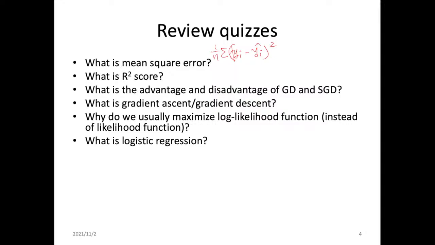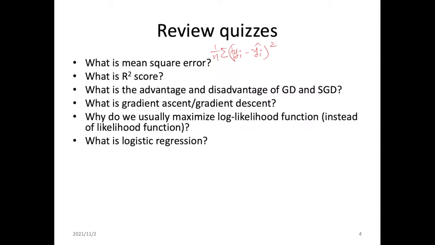In linear regression, we try to find the thetas to minimize the residual sum of squared error. But in logistic regression, we define the distance between observation and prediction based on cross-entropy loss, which is the negative of the log likelihood function, if you remember.